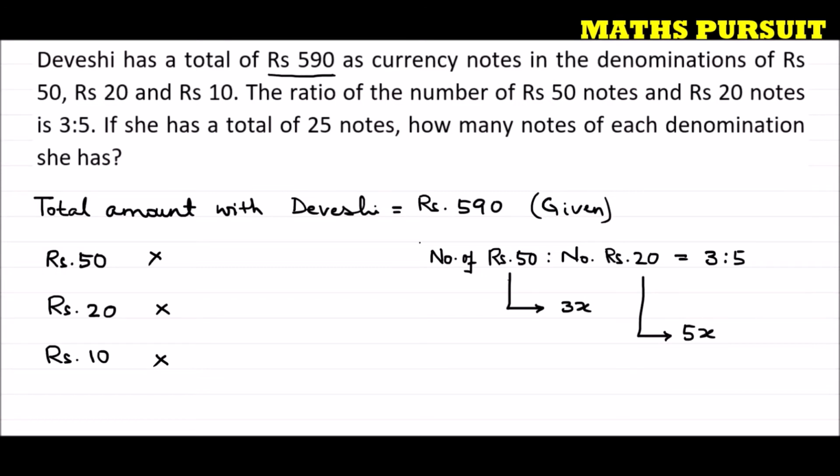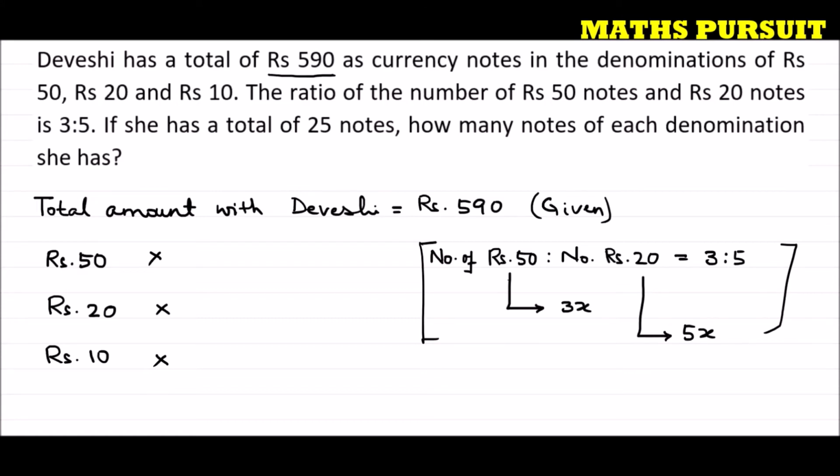And from where did I get this 3x and 5x? The question has given us that the number of rupees 50 notes is to the number of rupees 20 notes in the ratio 3:5. So as the ratio is 3:5, I have assumed that the number of 50 rupees notes is 3x and the number of 20 rupees notes is 5x, because we do not know the values.